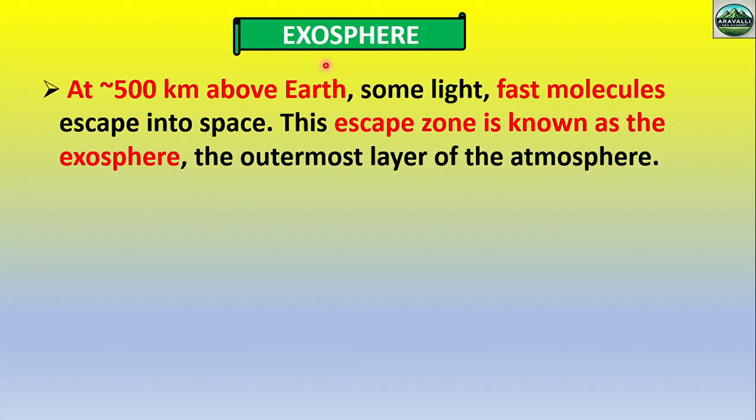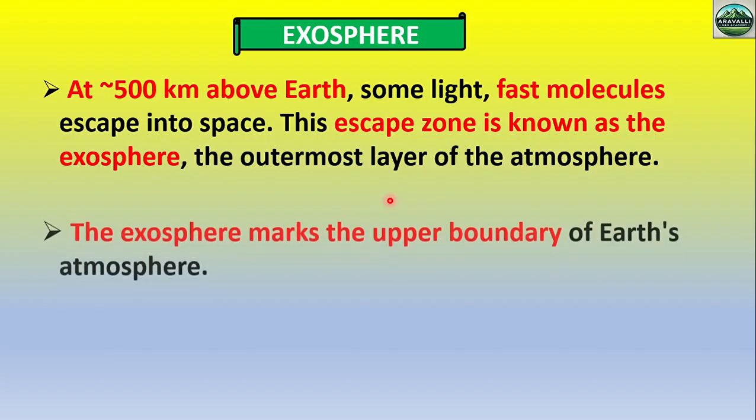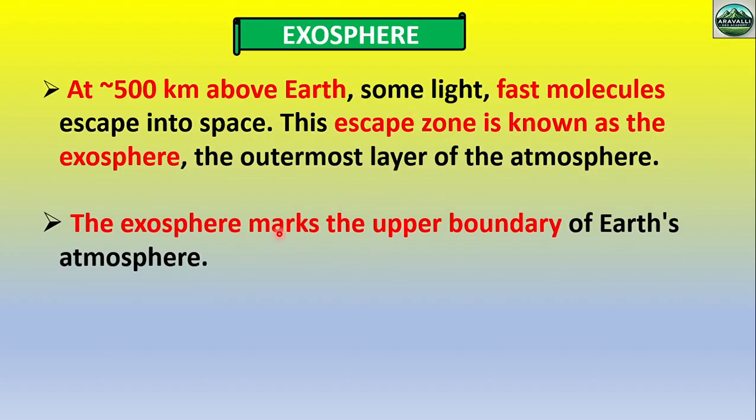So the exosphere is the outermost layer of the Earth's atmosphere, just beyond the thermosphere, and it marks the outer boundary of the atmosphere. If an examiner directly asks which layer is the outermost layer of our atmosphere, your answer will be exosphere.